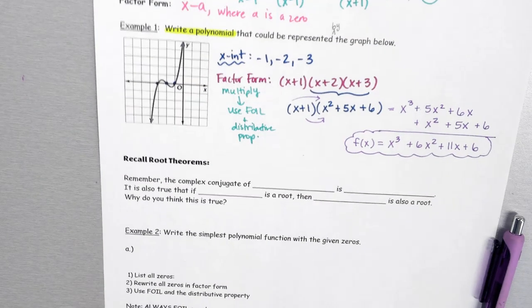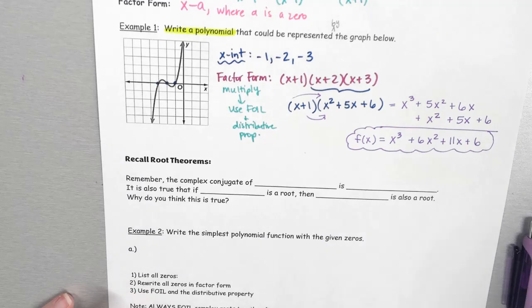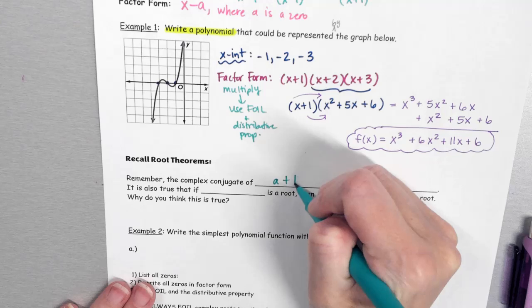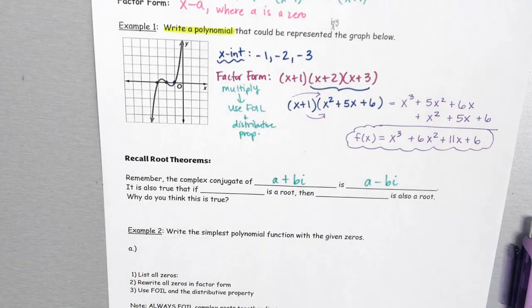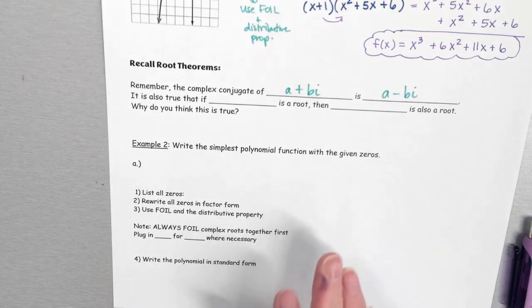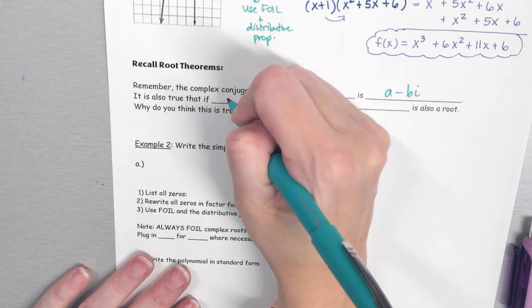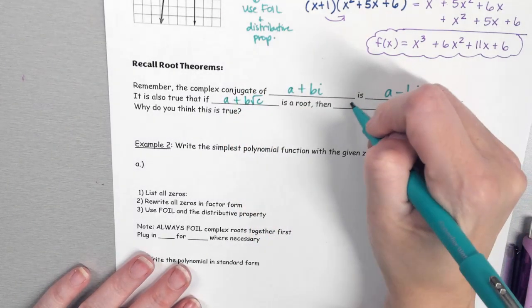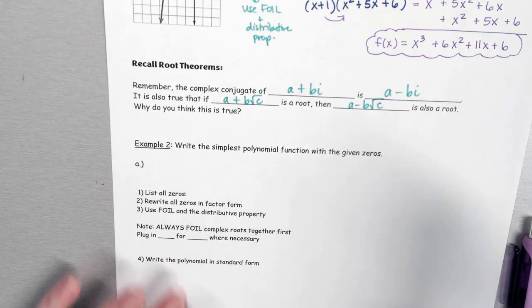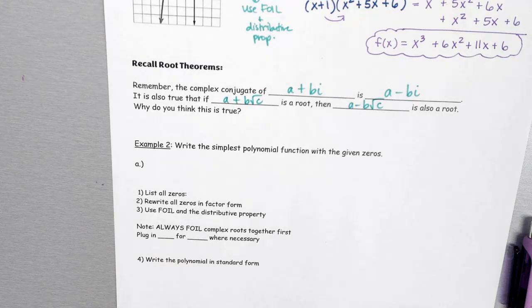All right, now yesterday we learned about some root theorems. So we talked about the complex conjugate. If you have a plus bi as a 0, then a minus bi had to be a 0. And the same thing was true if you had irrational roots. So if you have a plus b root c, then a minus b root c is also a root.